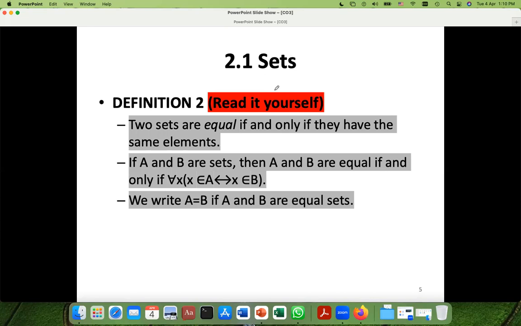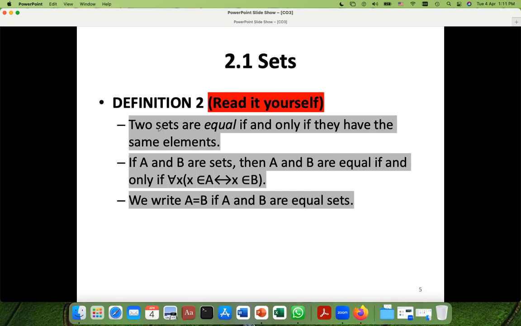If I give you two sets, and I ask you to show whether both of these two sets are equal or not, what will you do? You will check the elements. You will compare the elements of set A with set B, and if they are the same, then you will say that both are equal.